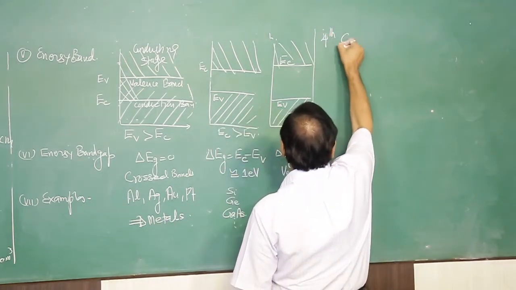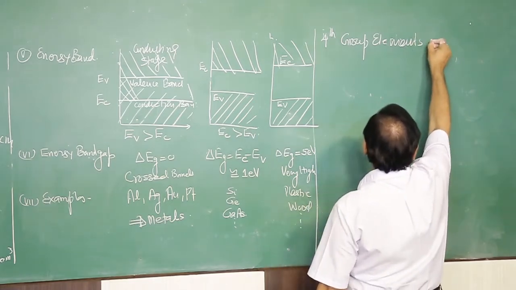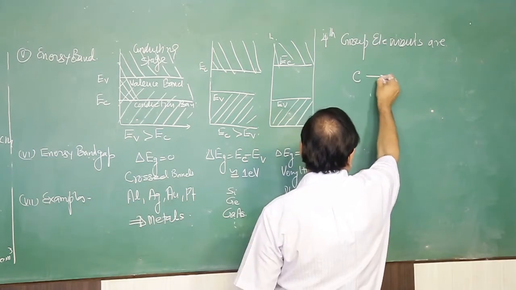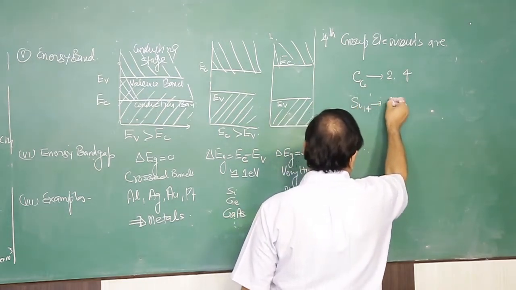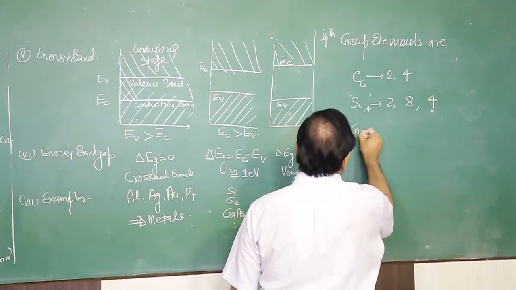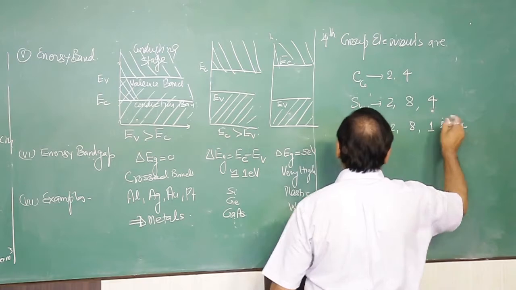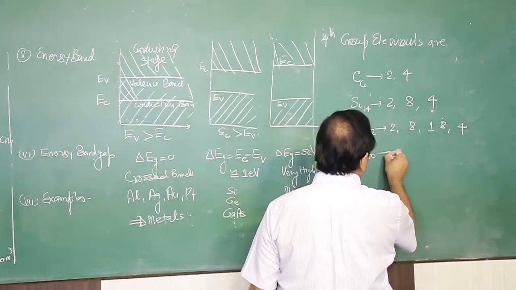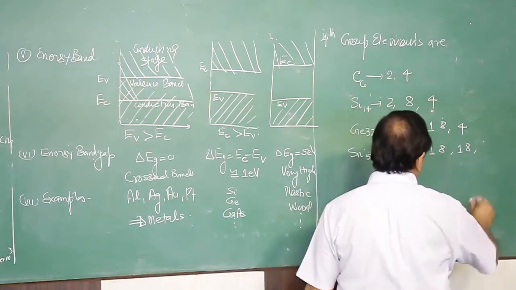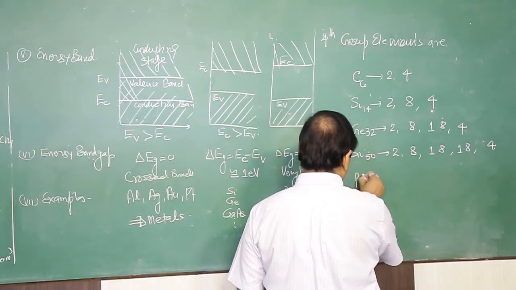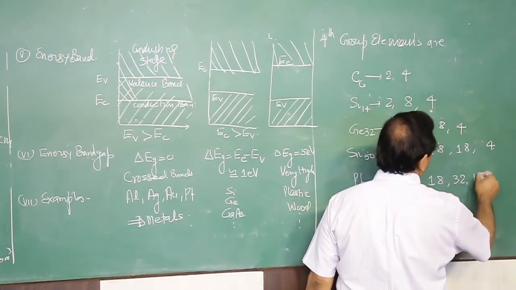So, the fourth group elements are: C is 6, with configuration 2 and 4, then there is Si, this is 2, 8, 4, then the germanium, that is 32, 2, 8, 18 and 4, then Sn is 50, that is 2, 8, 18, 18 and then 4, and then lead Pb is 82, that is 2, 8, 18, 32, 18, 4.